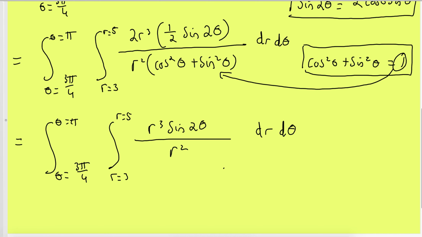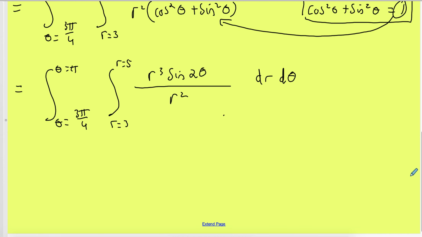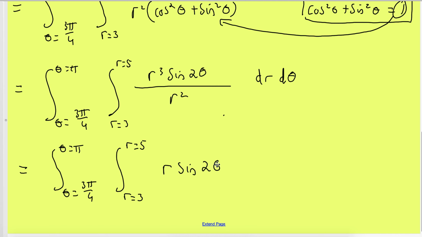Okay, so now it's looking a lot better. The last thing that I can do is r cubed divided by r squared is just r. So it's just the integral of r sine 2 theta dr d theta.